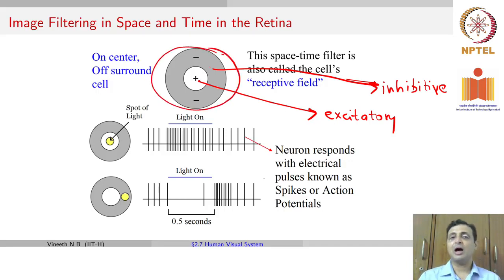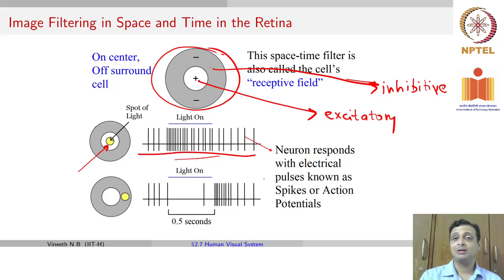as we were saying, arrangements of cells in the retina have components of excitatory and inhibitory elements to them. So there could be an excitatory cell flanked by inhibitory cells on either side. So when a spot of light shines on the central cell, so when the light is on, you can see here, these are just a set of impulses.